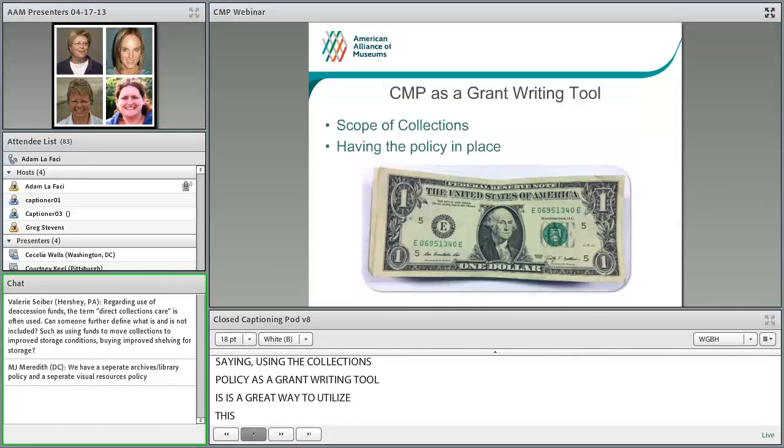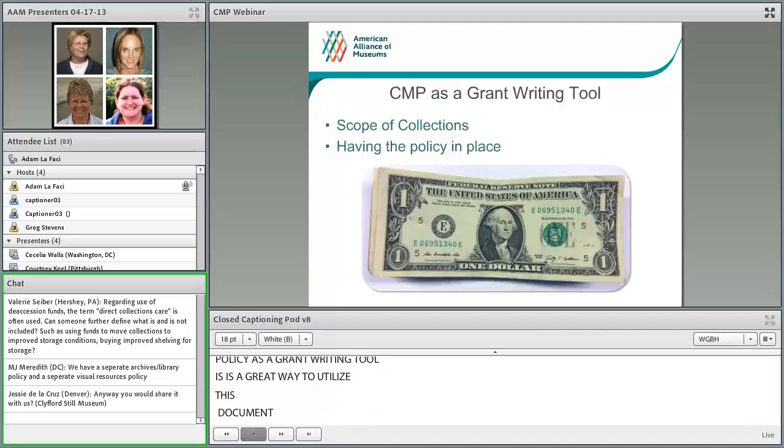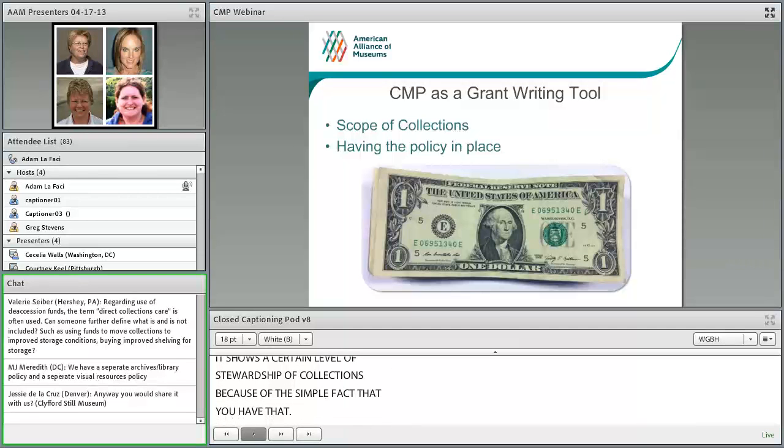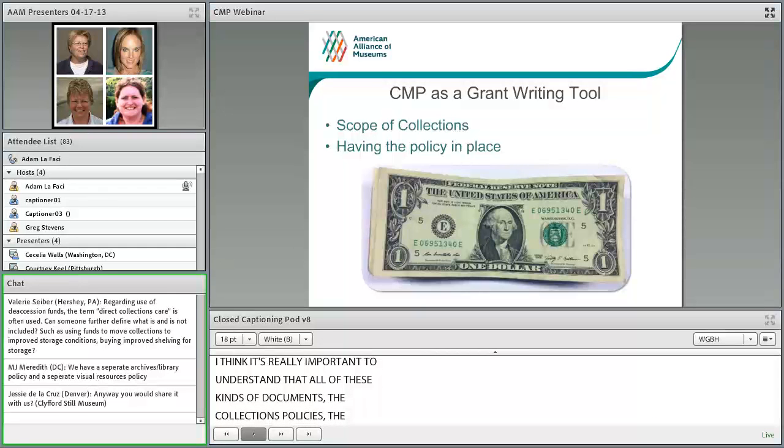And when you have the policy in place, you can often say in your grant proposal, we have this policy in place and it shows a certain level of stewardship of collections because of the simple fact that you have that. I think it's really important to understand that all of these kinds of documents, the collections policy, the institutional plan or strategic plan, can be used and utilized in these ways.